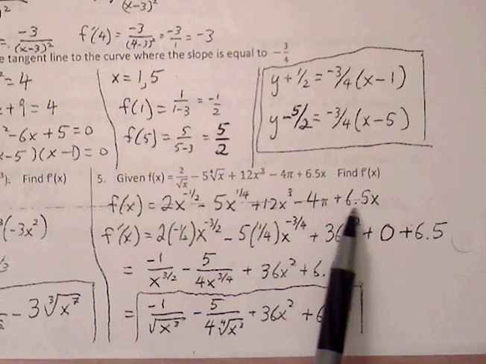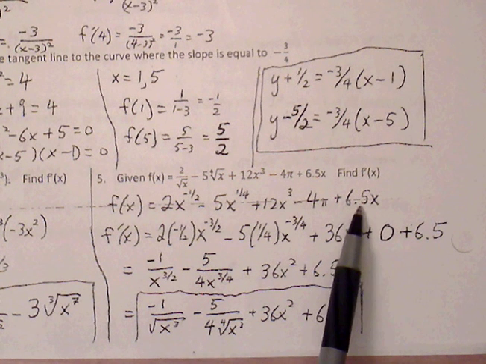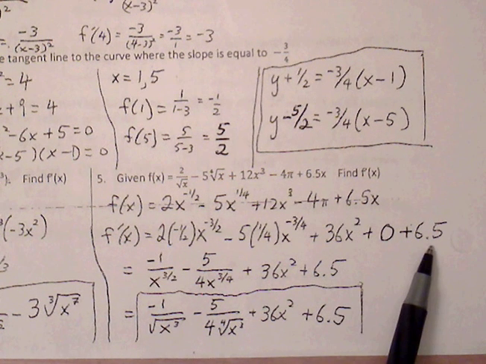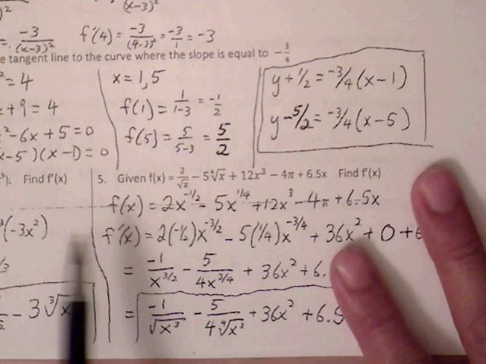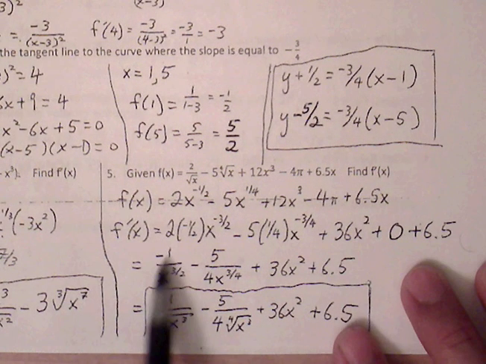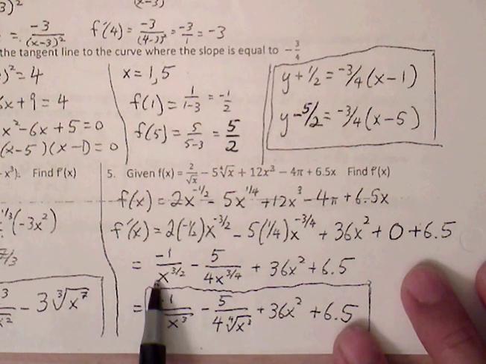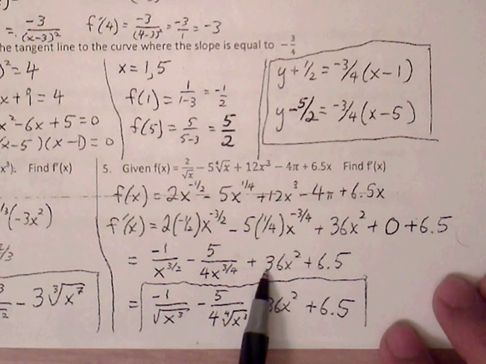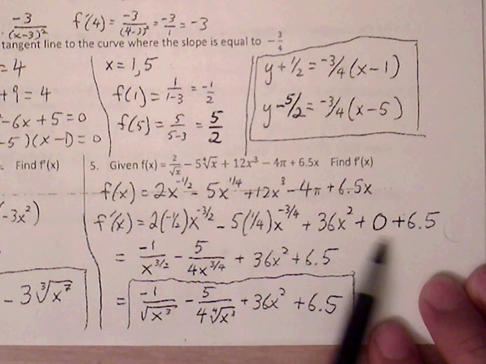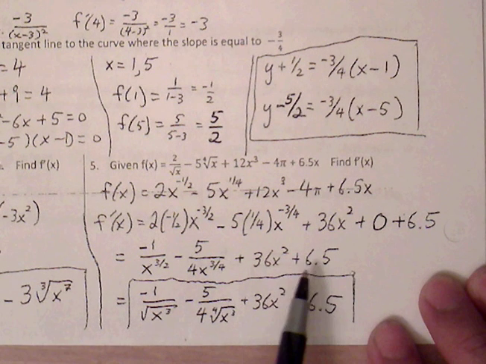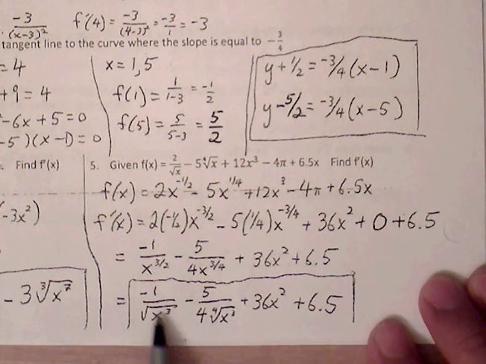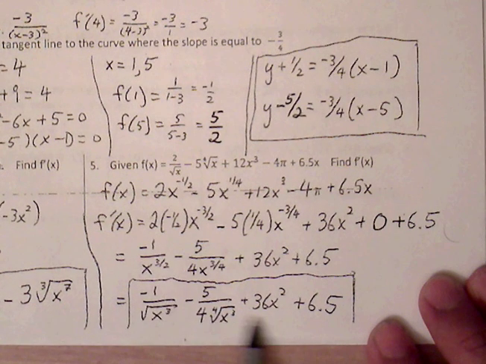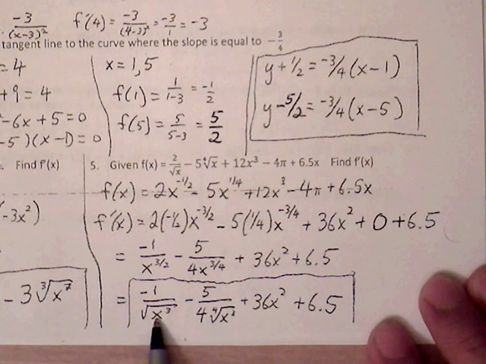So 6.5x will just turn into 6.5. Okay, now if we clean this up some more, we're going to get negative 1 over x to the 3/2, 5 over 4 x to the 3/4, 36x squared, the 0 goes away, and then plus 6.5. So you either leave it in this form, or you can convert these rationals back to radicals.